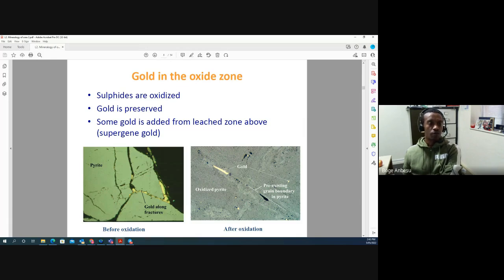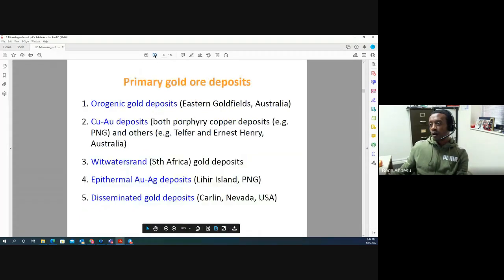So you have to do some sort of oxidation. The oxide zone shows naturally oxidized material, but for the deeper zones, you need to oxidize it yourself. This could be, say, using a roasting method, a biological oxidation method, or pressure oxidation, or whatever the case may be. But it needs to undergo some kind of pre-treatment before you leach it out.